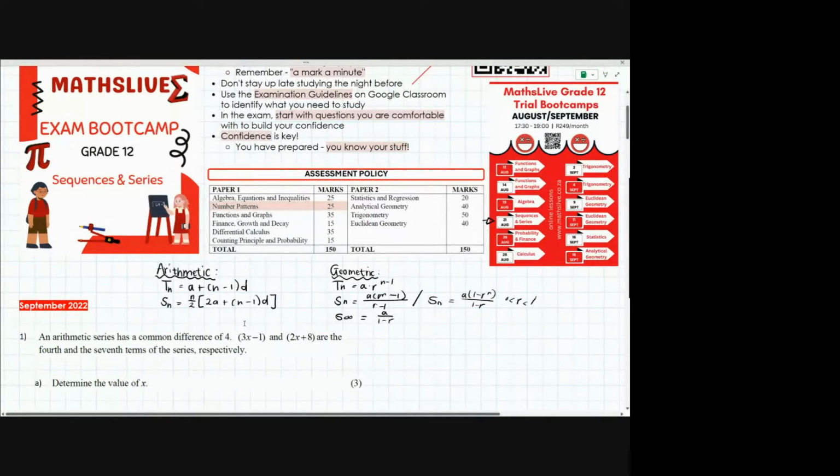So I would just use the ones that are given on your formula sheet. You're not going to go wrong. Like I say, the variation is with the sum formula, and it's where your terms swap. And like I say, it's generally if your R value is then a fraction, but it doesn't actually make a difference.